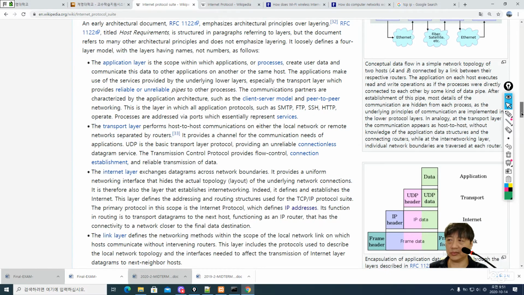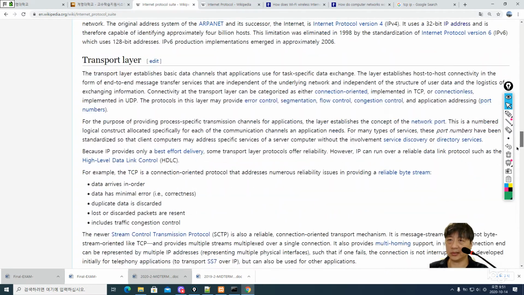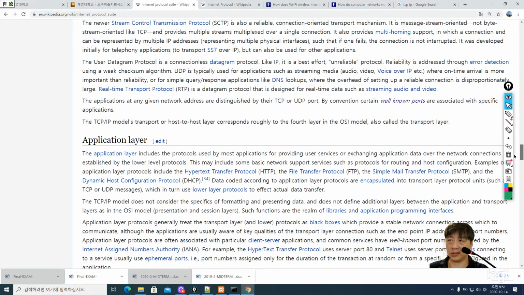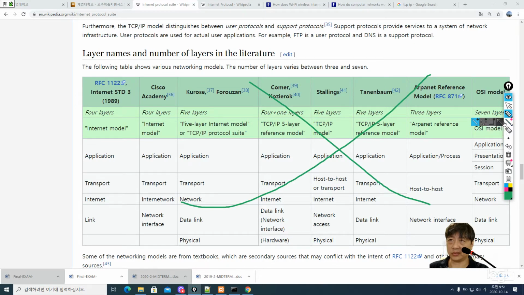This one shows the layers, the concept, and kind of similar to the OSI model that I told you about. We don't need to deal with all this type of stuff.